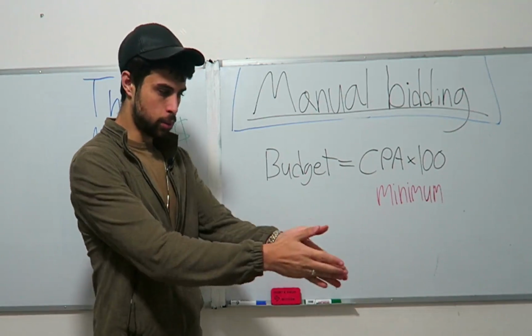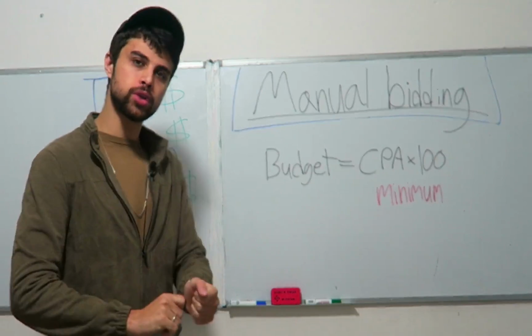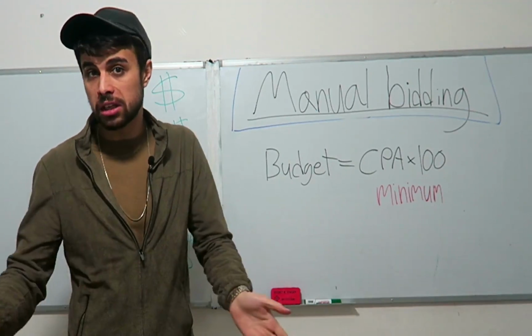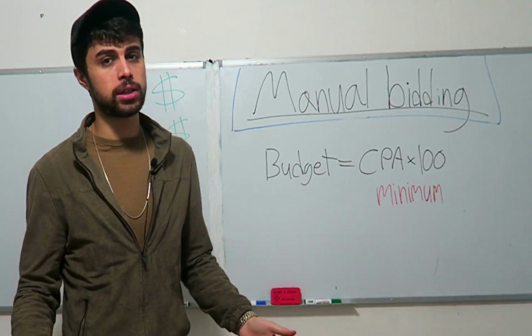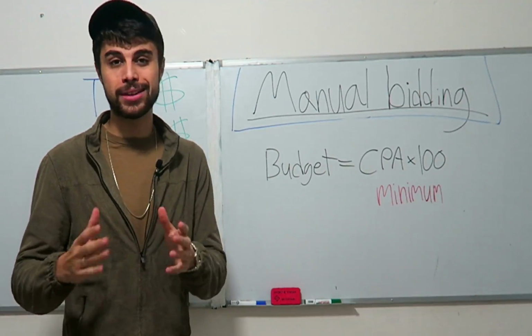Because eventually you want to be able to work on it on an hourly basis. So if the bid is too high, you want to decrease it, and then you want to see results in the next few hours. And you won't be able to see the results in the next few hours if the conversion doesn't happen enough times.